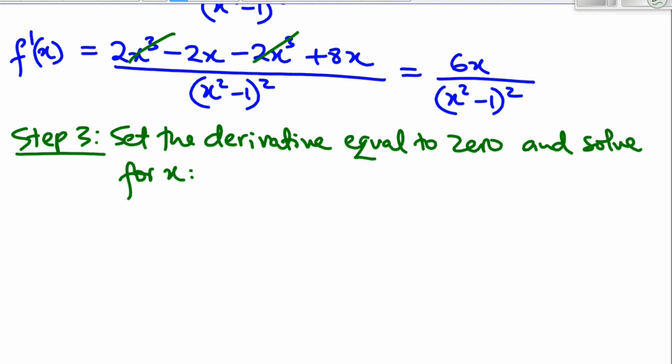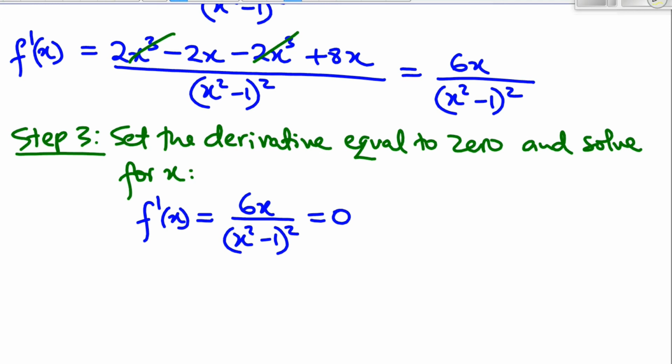Okay, so we need to set the derivative equal to 0 and solve for x, and our derivative is 6x over x squared minus 1 squared. So we know that our derivative is 6x over x squared minus 1 squared, and we need to equate this to 0 and solve for x.